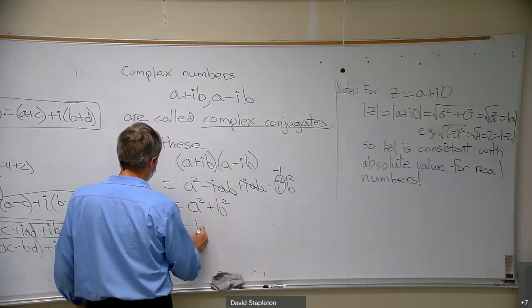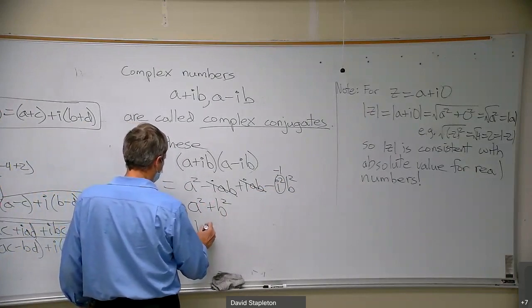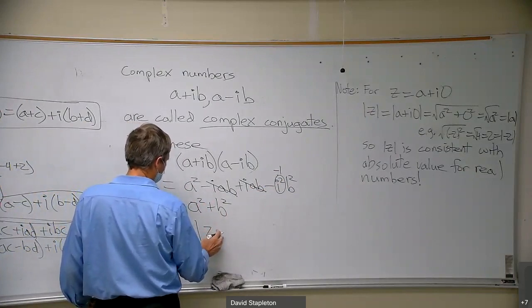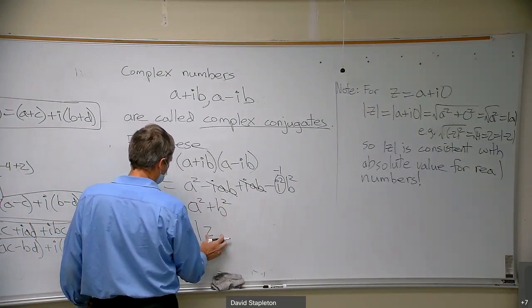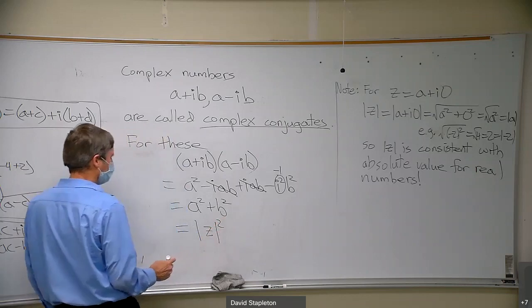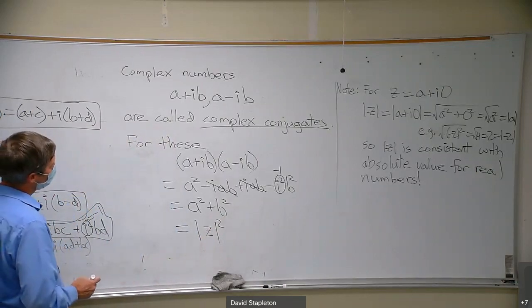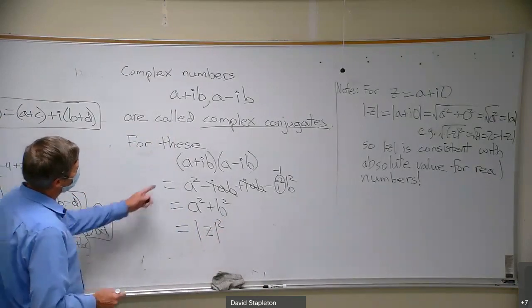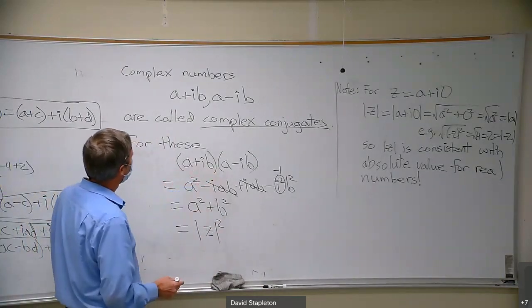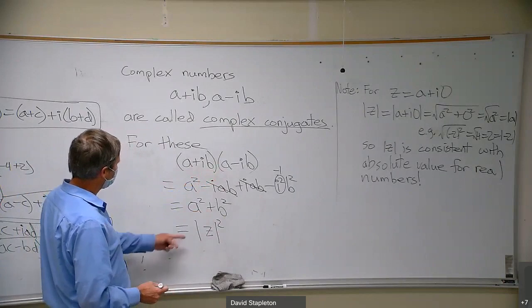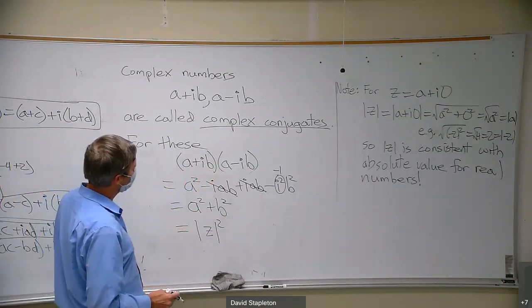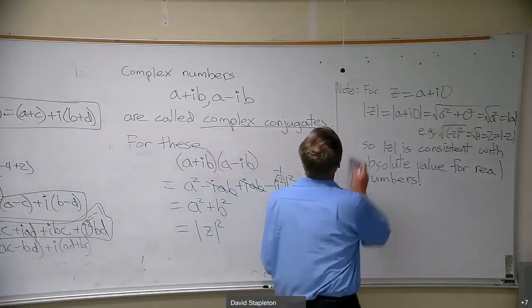This is actually the absolute value of Z, or A plus IB, squared. So the complex number times its conjugate is actually the absolute value of the complex number squared.